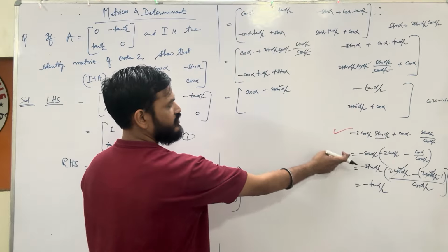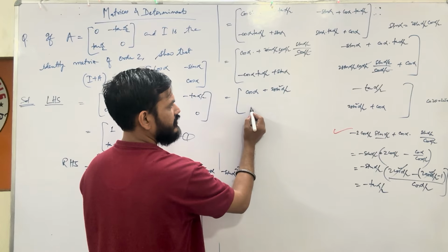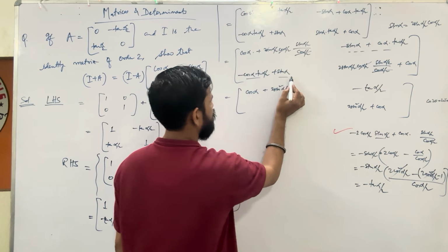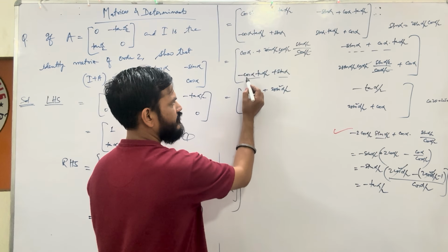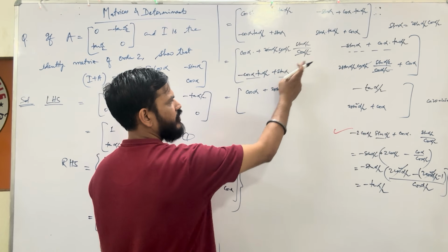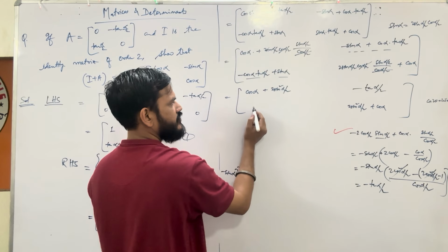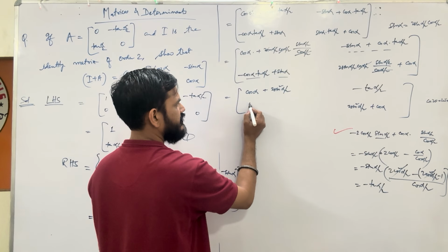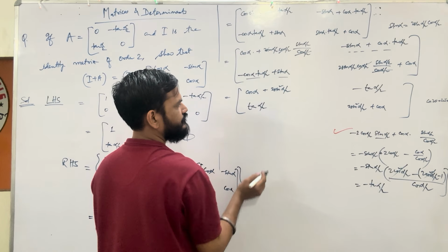Similarly, these two expressions are exactly similar with an extra negative sign. If you take the negative common, it becomes the same term. So using this simplification, you get tan alpha by 2.